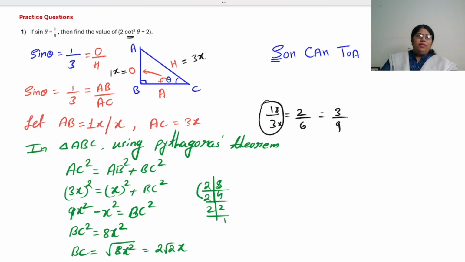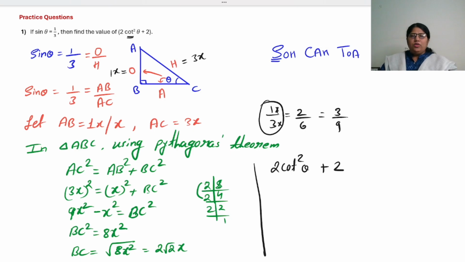So now I have the adjacent value also. Now which value do we need to find using this? We have to calculate the value of 2 cot square theta plus 2. So here the trigonometric ratio is cot theta. Cot theta is the reciprocal of tan.